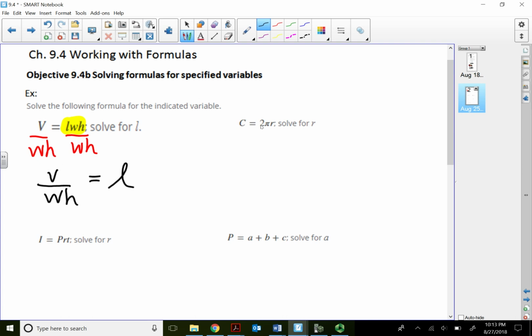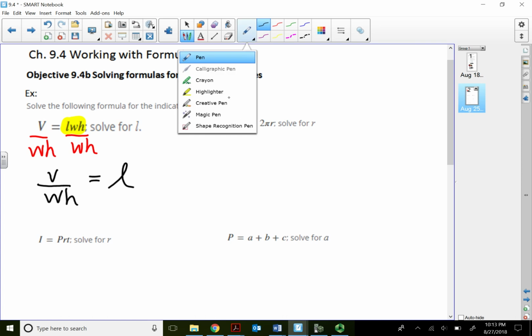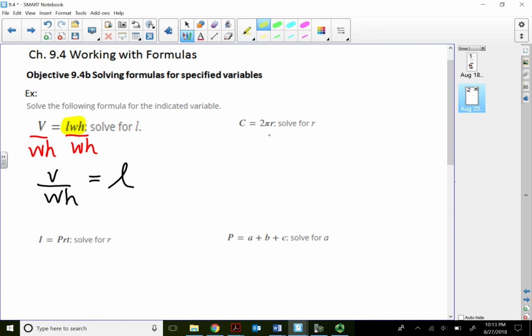Same thing here on the right side. C equal to 2 pi r, the circumference formula for a circle, solving for r. Having only two terms with no parenthesis, I can quickly see that 2 pi r is my variable term.